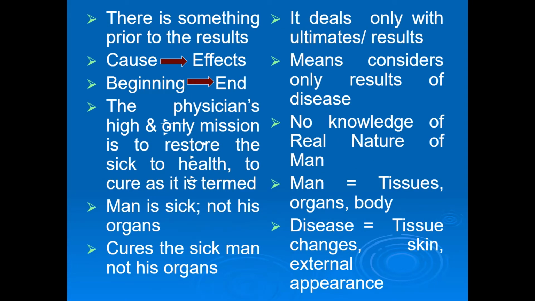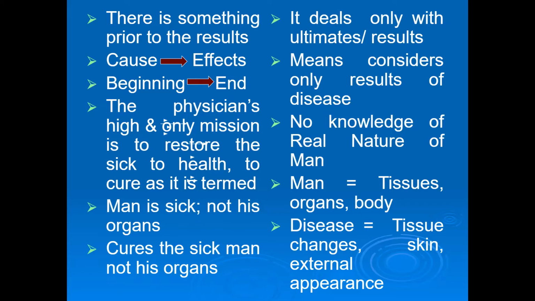So let's understand what is there in homeopathy. What we believe is that there is something prior to the results. Let me tell you, results means the organ pathology, and what is before the organ pathology is the disease. So there is something prior to the results.